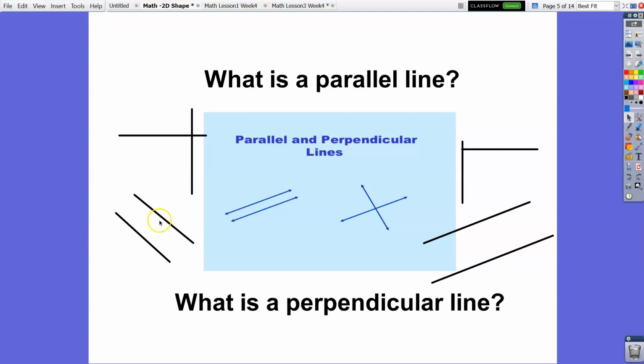These lines and the other lines do not meet. Even if you extend them longer, they will never meet because they have the same distance. While perpendicular lines are lines that meet and form an angle of 90 degrees.